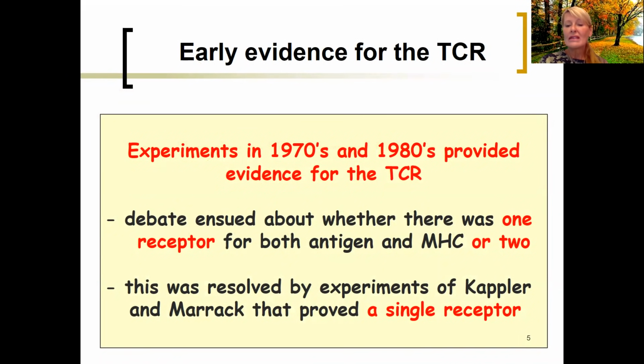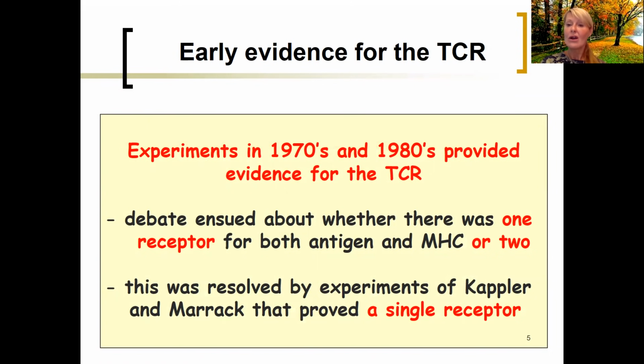So the BCR was discovered first, and that was relatively easy because when B cells become activated, they produce copious quantities of immunoglobulin. And so that's the receptor. You can get your hands on it. There's lots of it. Plasma cells can produce thousands and thousands of antibody molecules every second.